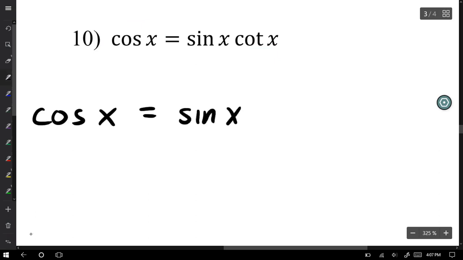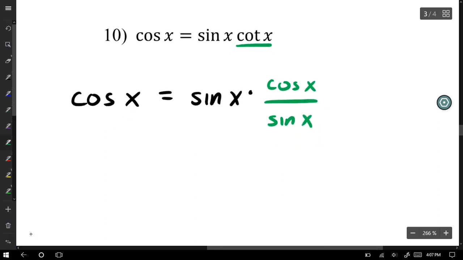I'm going to keep that sine of x, but I will change the cotangent of x into cosine of x over sine of x. And then I'm going to keep the left-hand side. If it makes you feel better, you can put this over 1 and notice it's all multiplication going on here. Again, another theme that has been important to us.